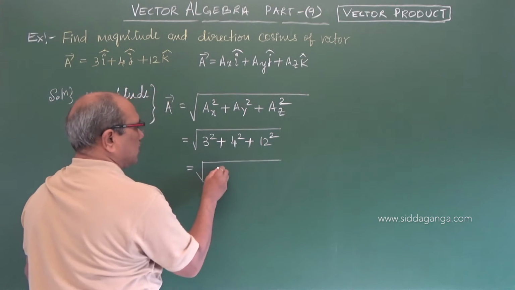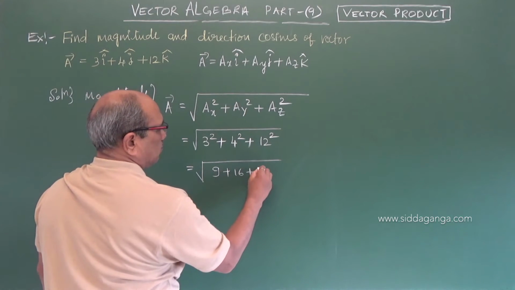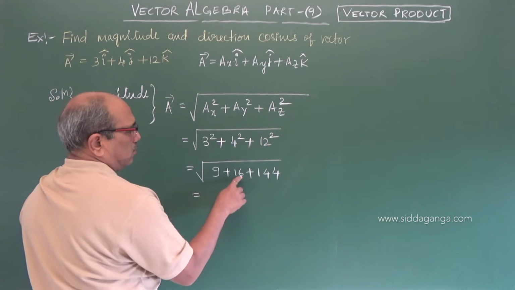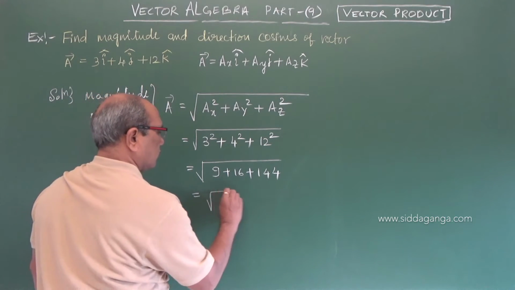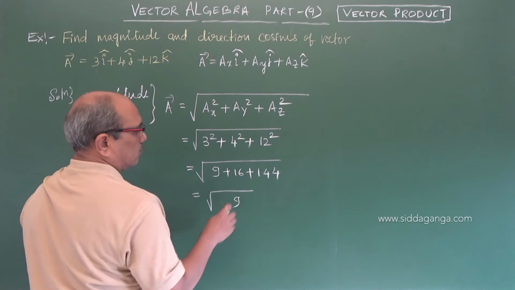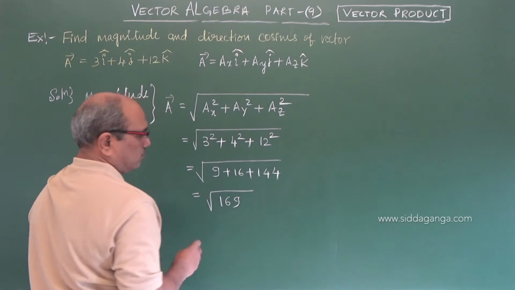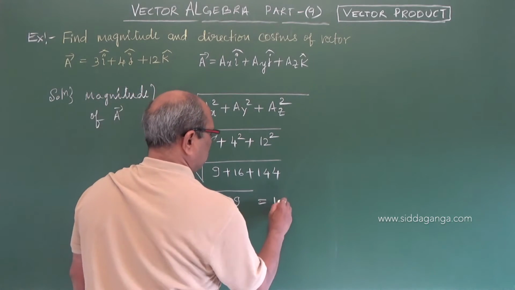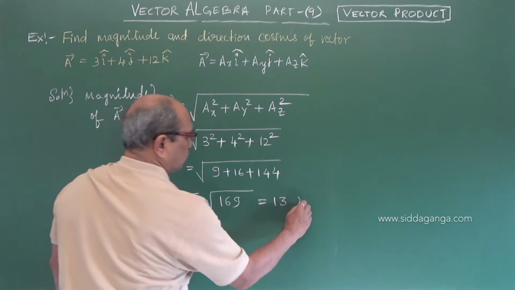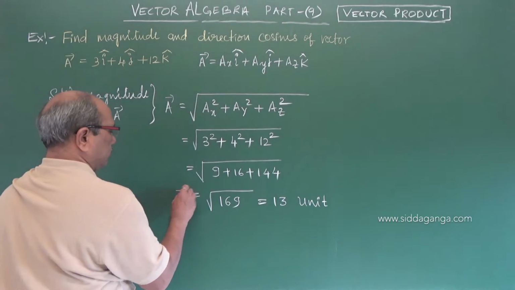So it is 9 plus 16 plus 144, that is 169, which equals 13. 13 units, you got.